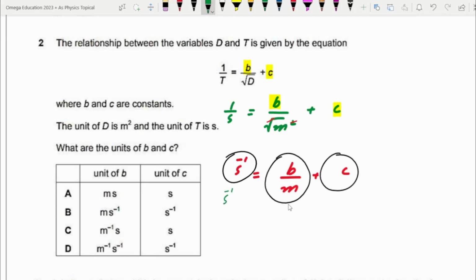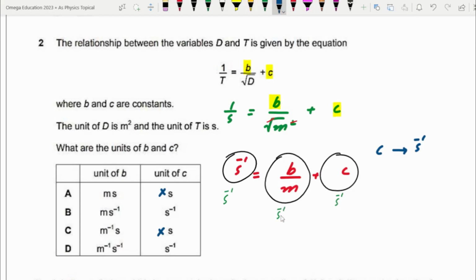For the second circle the unit would also be per second, and for the third circle the unit would also be per second, because they must have the same unit. So from this you get the unit of C straight away, which is S to the power minus 1, per second. So you can get rid of option A and option C because they reveal the unit of C as second, not per second.